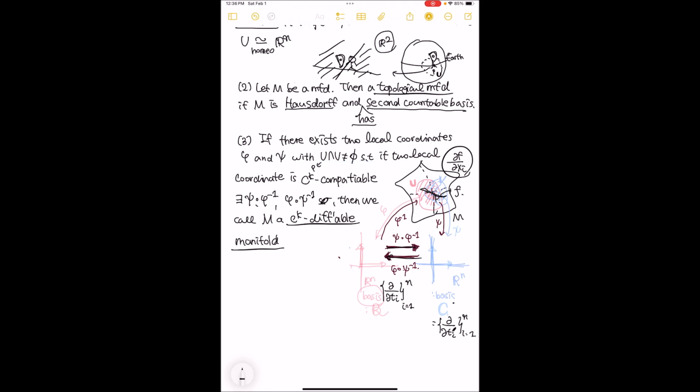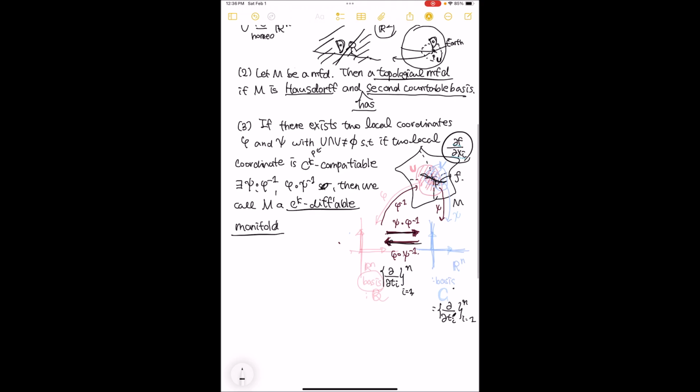But note that because the basis is not unique, we can think about this from this aspect.